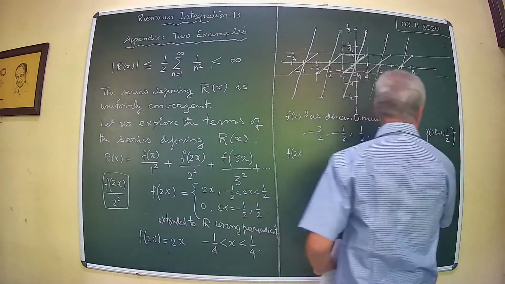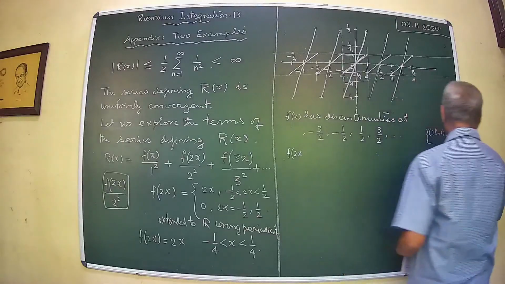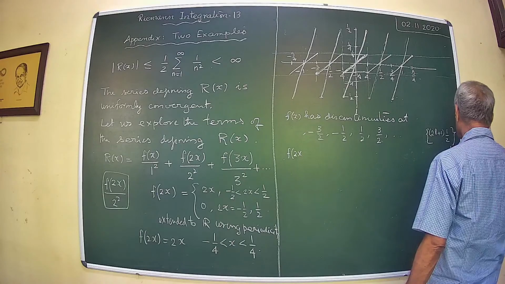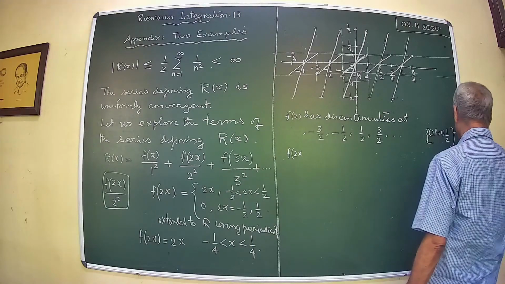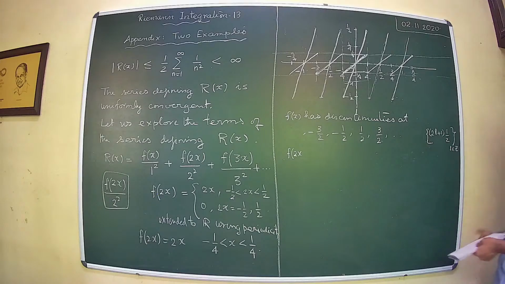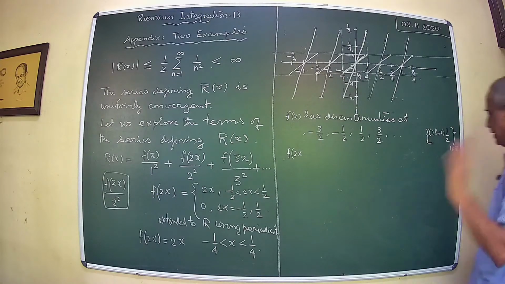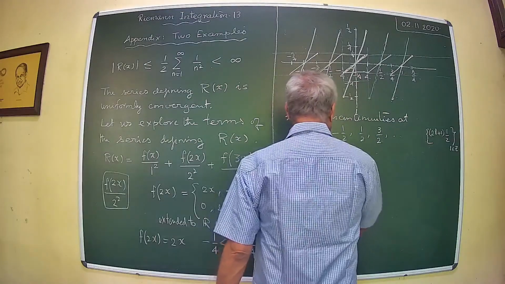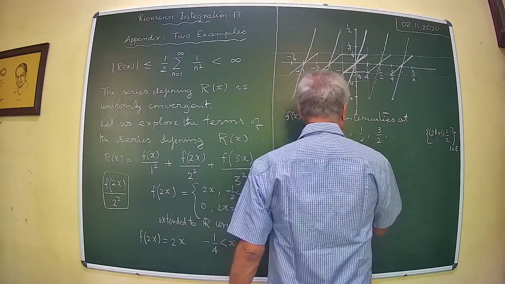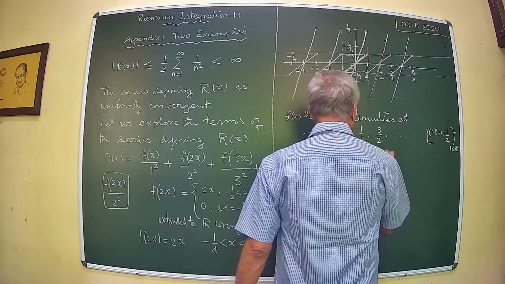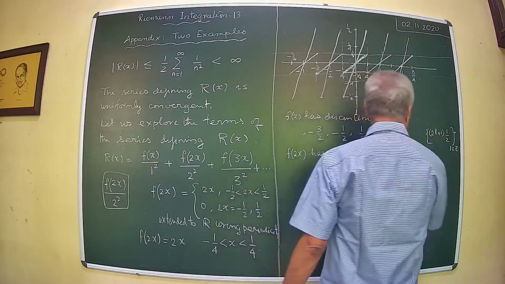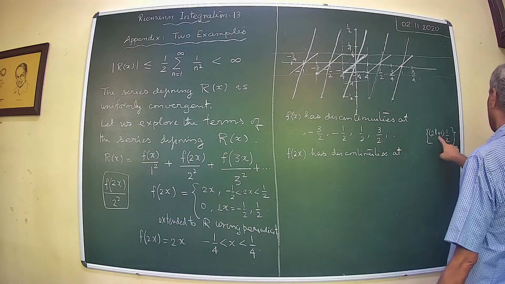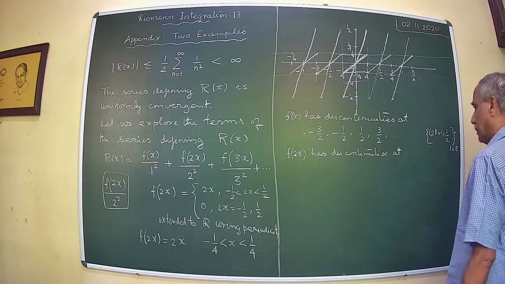Now for f(2x), l belonging to Z, so you account for all of them. f(2x) is discontinuous when 2x equals (2l plus 1) times half.